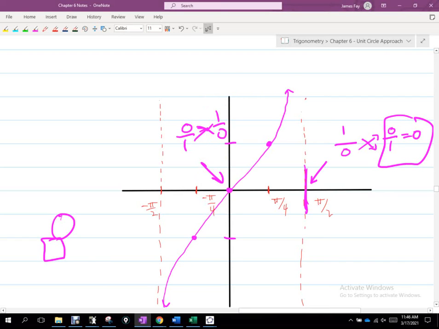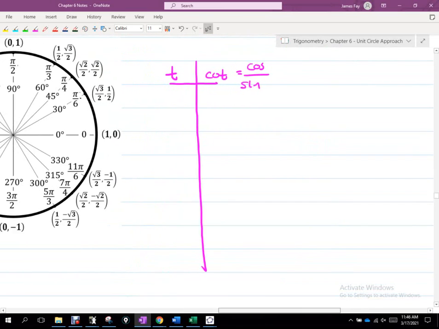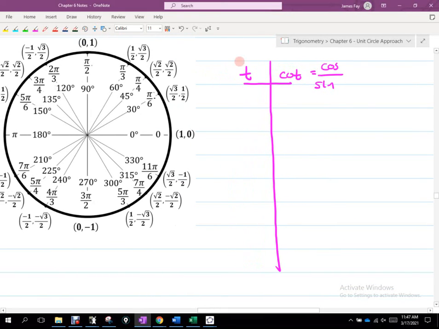So I think using the reciprocal of this graph is hard because of that feature. The easiest thing is to come down here and just grab things off of our unit circle. Because of that feature, instead of going from negative pi over 2 to positive pi over 2 like we do with the tangent function, we're going to start at 0 and go up to pi.